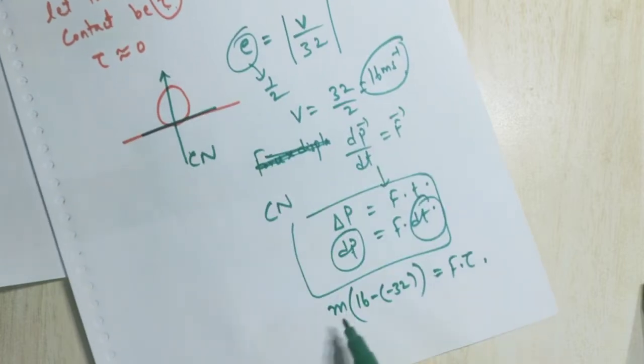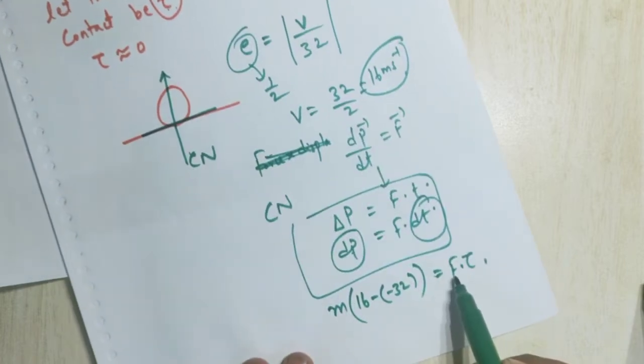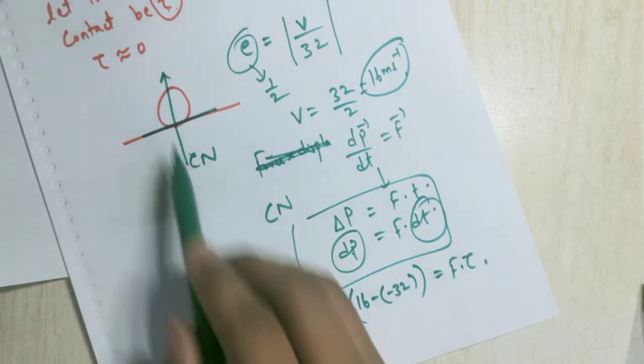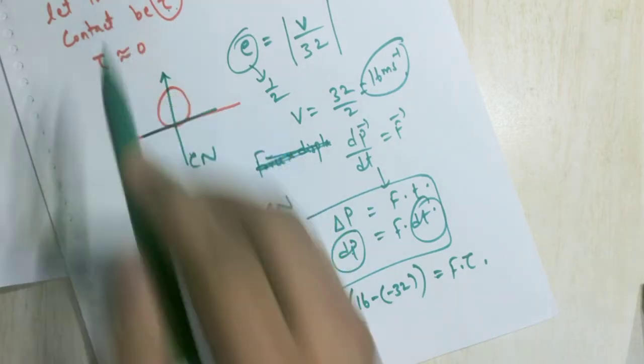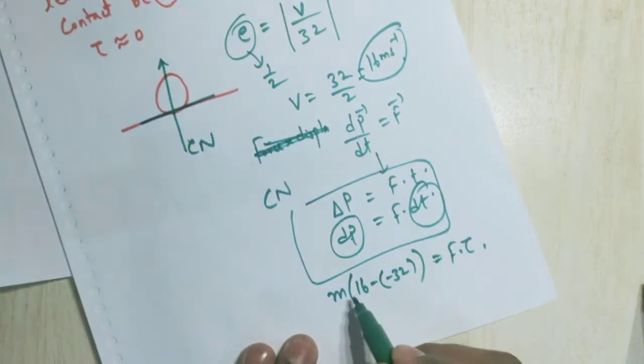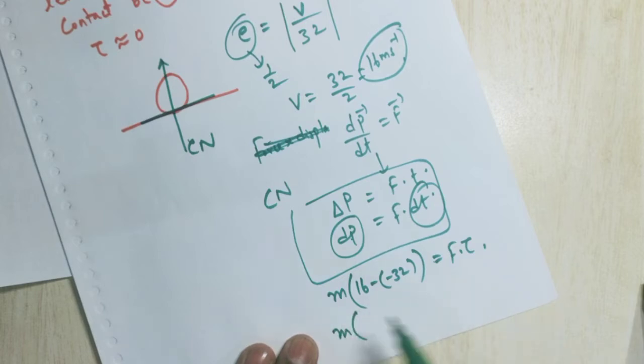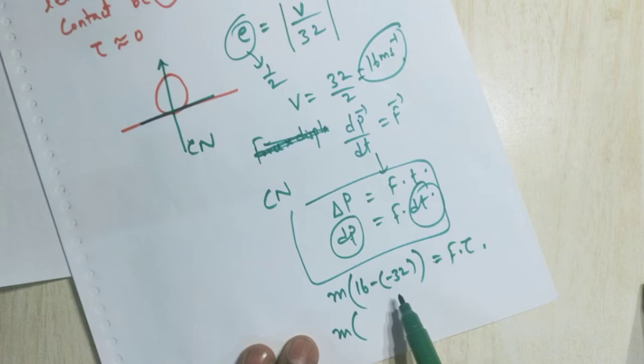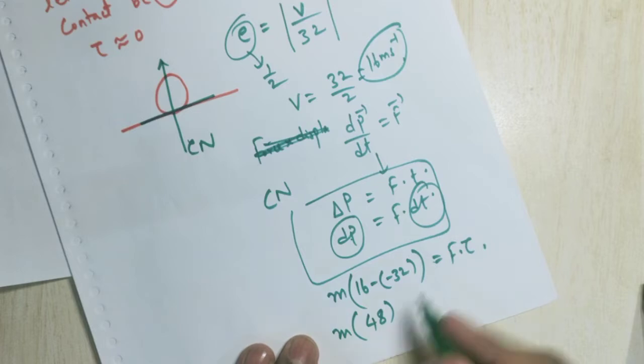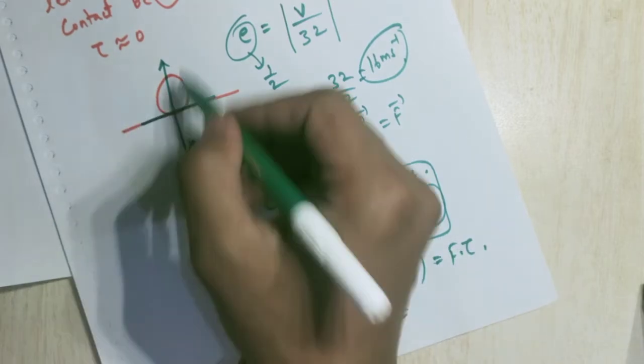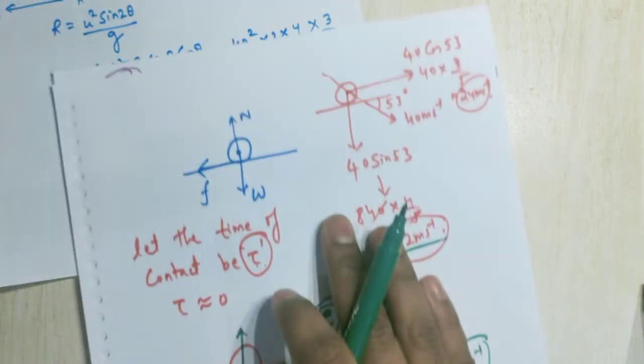This is the force acting on the ball along the common normal. So this will be m into 16 plus 32, that would be 48m, equal to F tau. Now what is the force acting on the ball in the vertical direction?